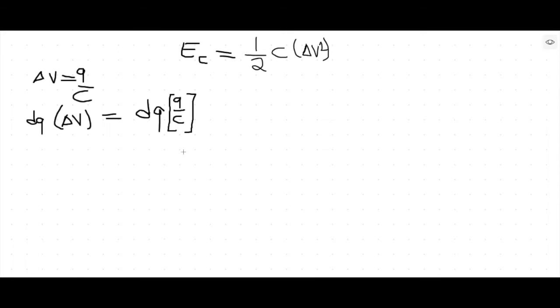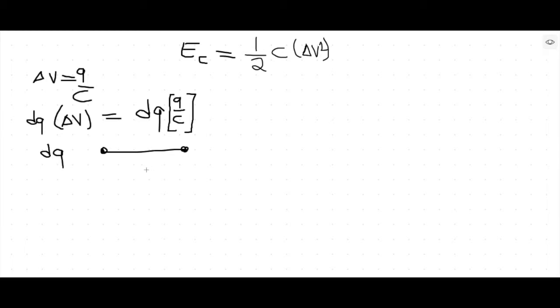If we move a small amount of charge dq from one location to another, the small electric potential energy change dUE will be equal to dq times the potential difference, delta V. What I mean by that is, let's say a small amount of charge dq is moved from this position to that position.